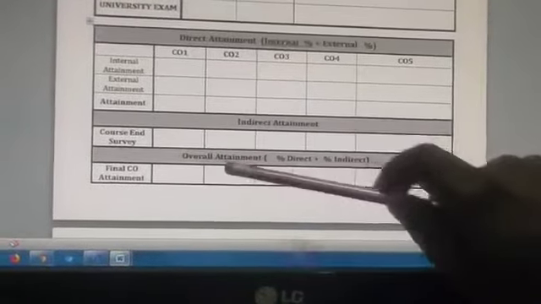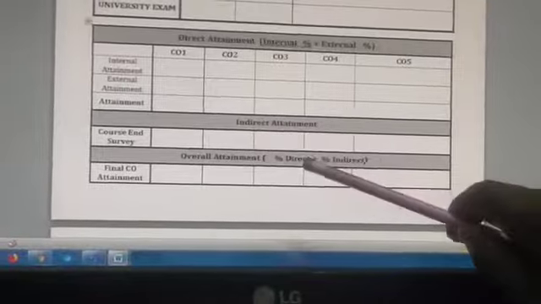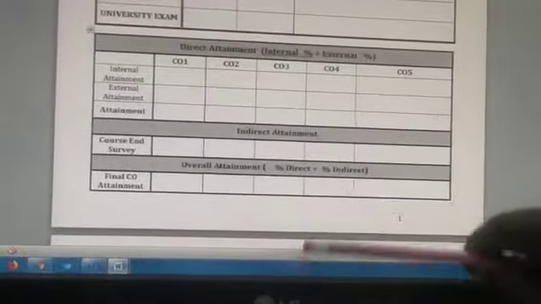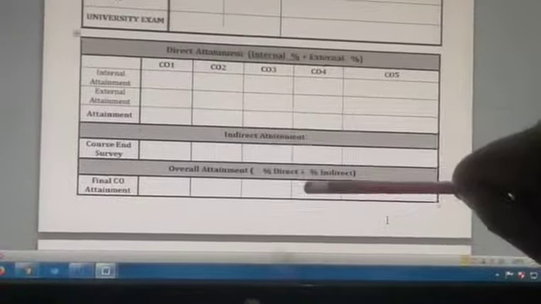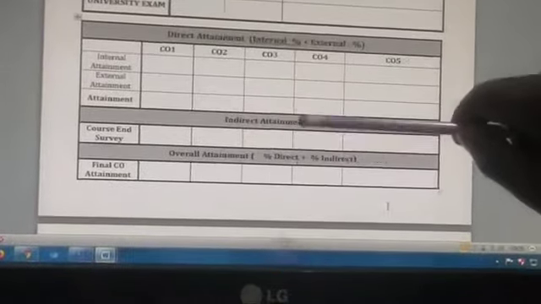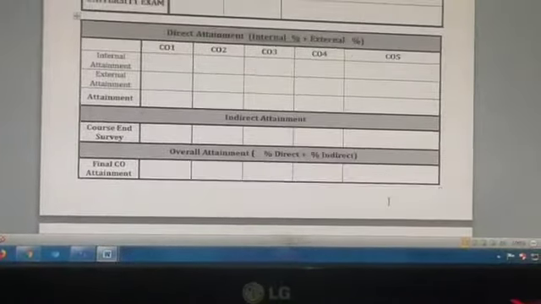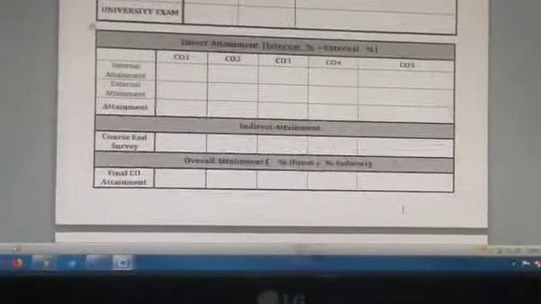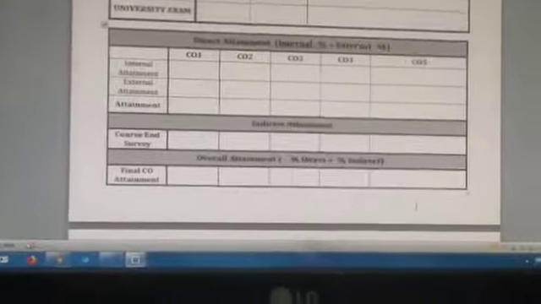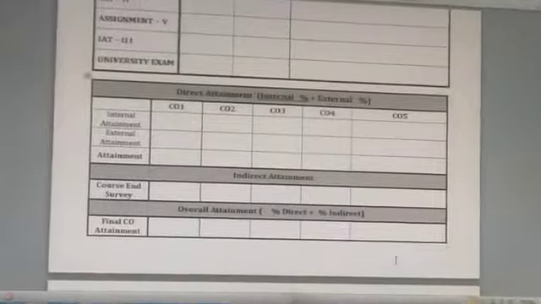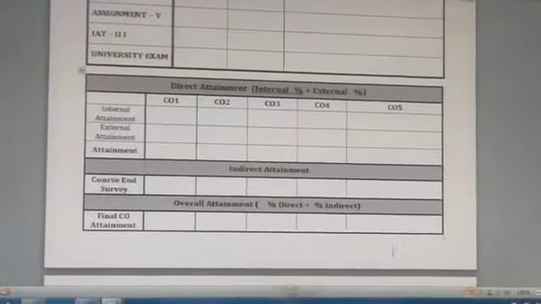So overall attainment is equal to percentage of direct attainment plus percentage of indirect attainment. In our college, you may choose 80% weightage for direct attainment and 20% weightage for indirect attainment, or you may choose 90% or 10%, or 95% weightage for direct attainment and 5% weightage for indirect attainment.